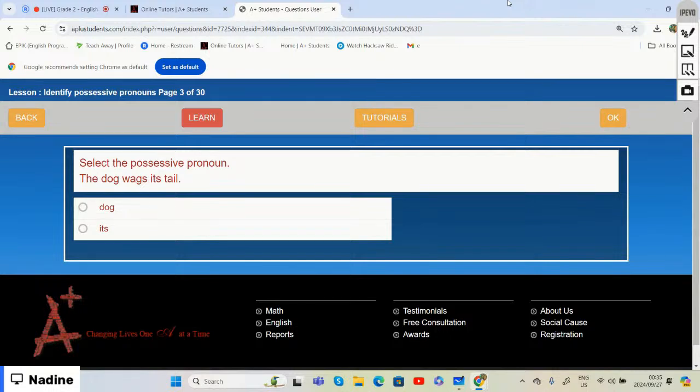If we were to choose the correct option, the dog wags its tail, and then we can say it is its, option two, because that tail belongs to the dog, and the dog is the one that is wagging the tail.